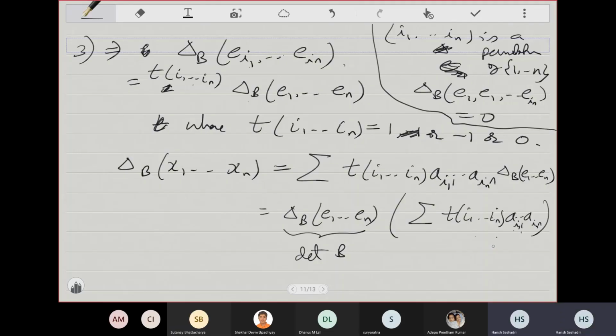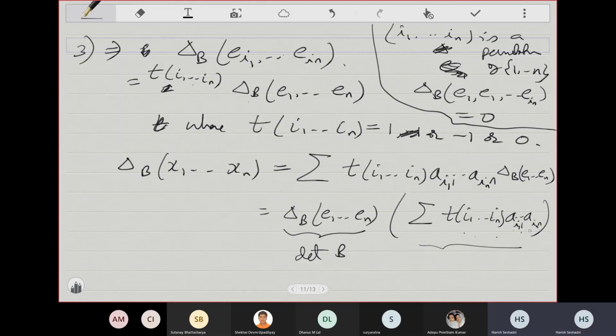Namely, what you notice is that whatever you have here doesn't depend on B. This T function, of course, doesn't depend on B at all. It is just a matter of what kind of permutation i1, i2, up to in is.